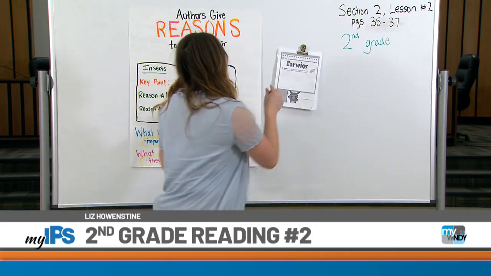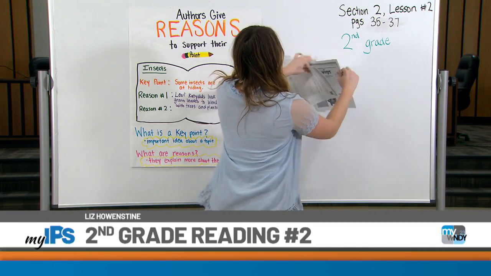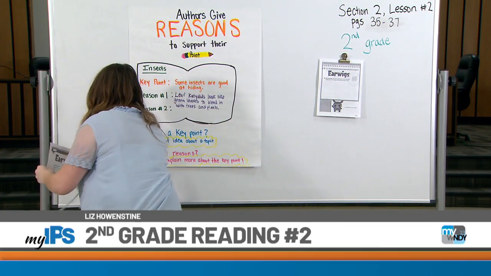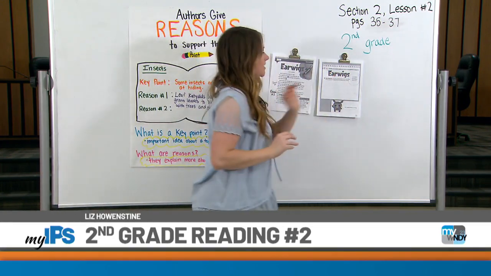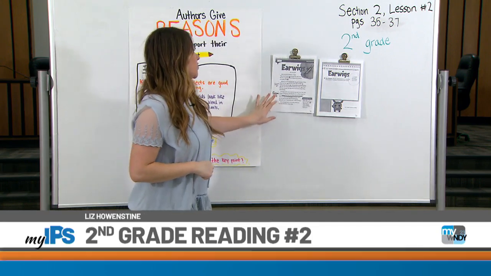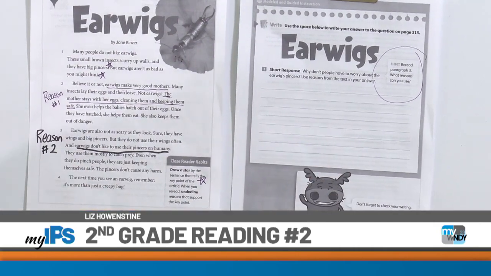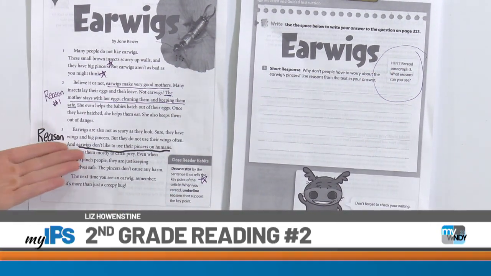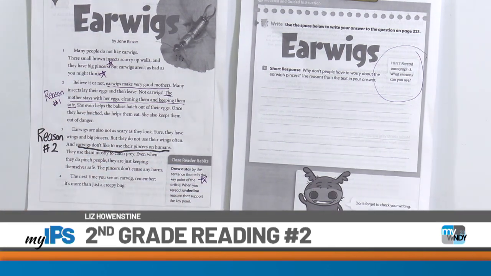So what I'm going to do, and I don't know in your packets if you can do this, but I am going to turn back over on this page where it says earwig, so we can look side by side to see our reading and our writing. Okay, so reread paragraph 3. What reasons can we use to support why people don't have to worry about the earwig's pinchers?